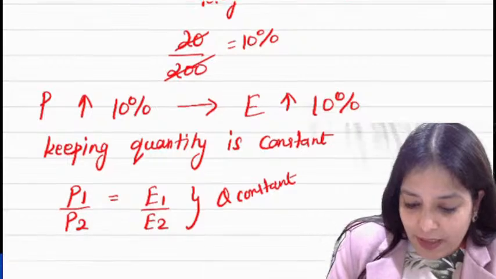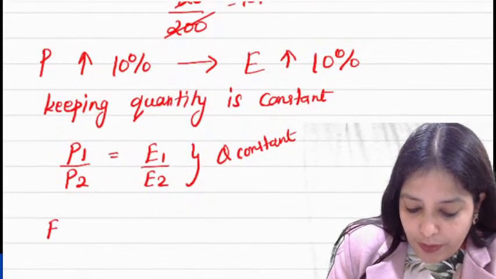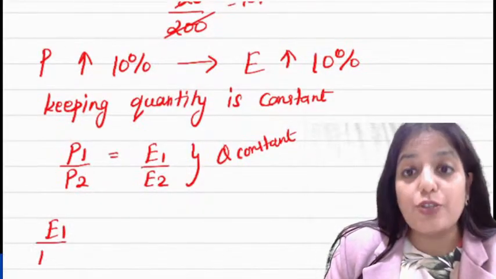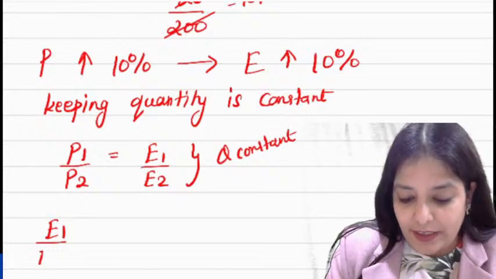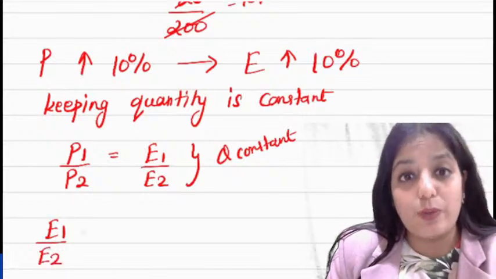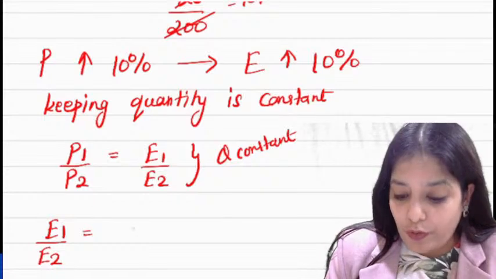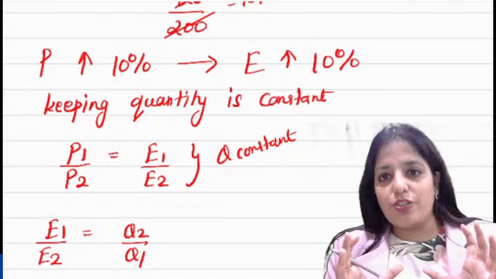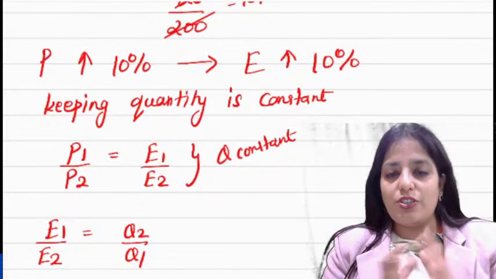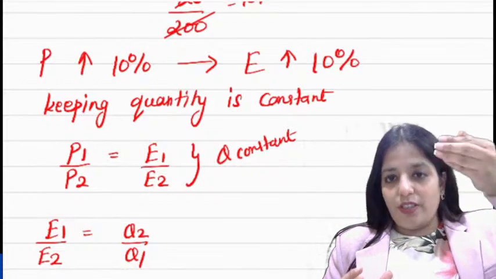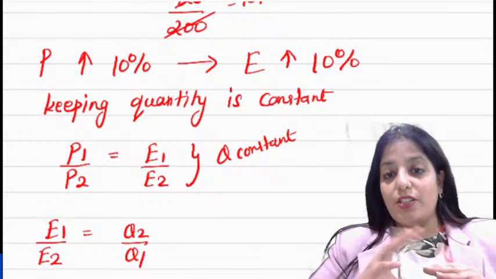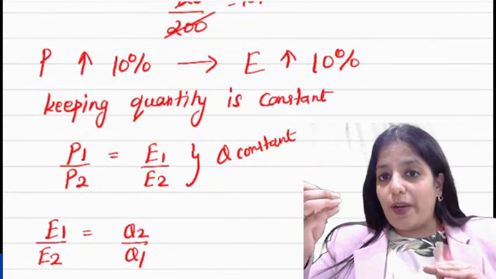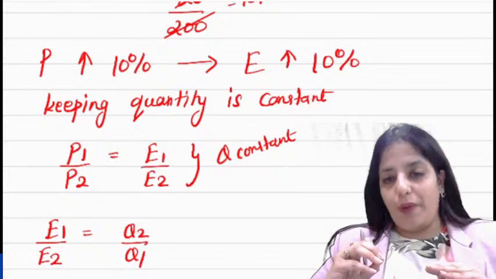That means the ratio of old expenditure and new expenditure is equal to the ratio of Q2 upon Q1. Can you see the inverse relationship? Old expenditure upon new expenditure is equivalent to new quantity consumed upon old quantity.